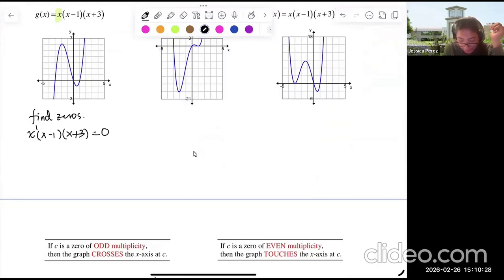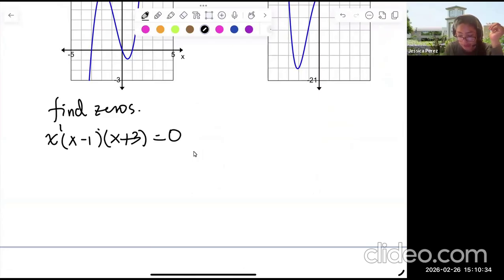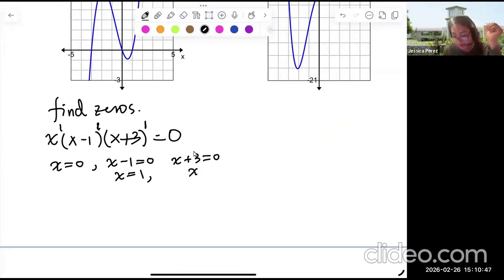They all have a multiplicity of 1. Look at the exponent. They don't show one, so the multiplicity will be 1. So x will be 0. x minus 1 equals 0, I get x equal 1. That's my other zero. And then I have x plus 3 equals 0, that's x equal negative 3. So there's negative 3, there's my zero. There is 0, another zero. And then I have positive 1.